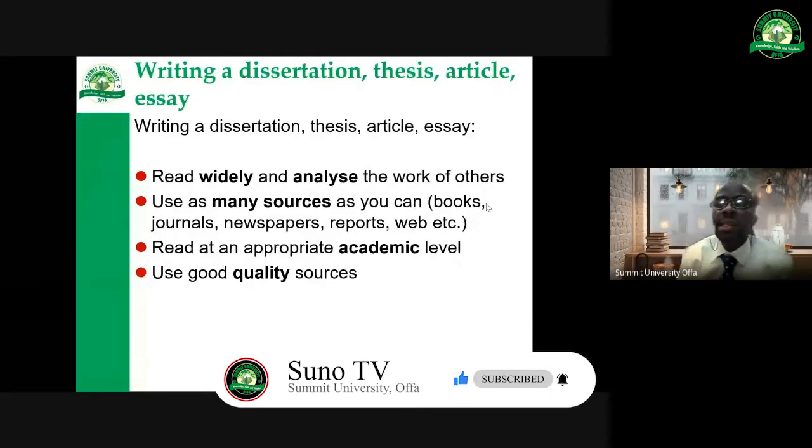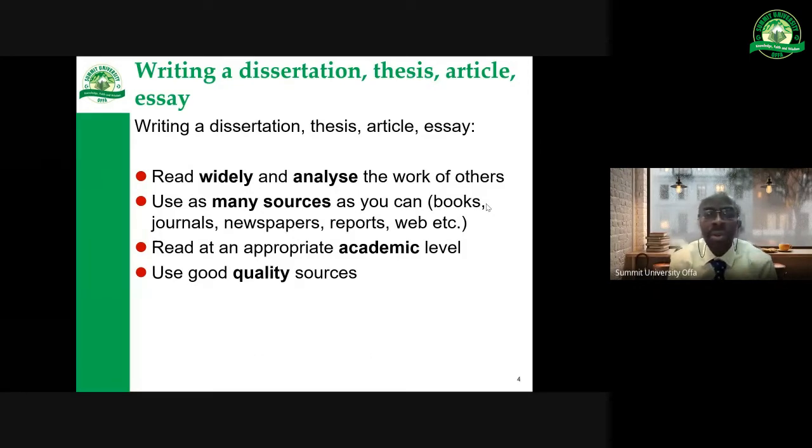Again, writing a thesis, a dissertation or article is something we are going to be handling in the next few years for some of us that are still at other levels.